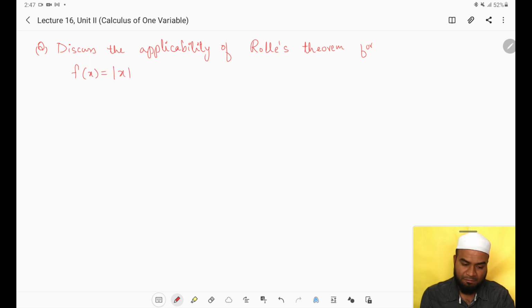The given function is f of x equals mod x in the closed interval minus 2 comma 2, right?